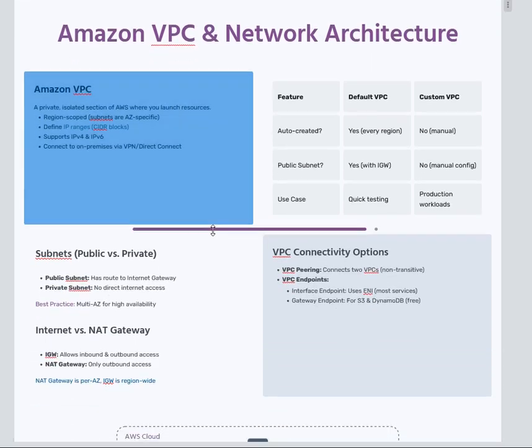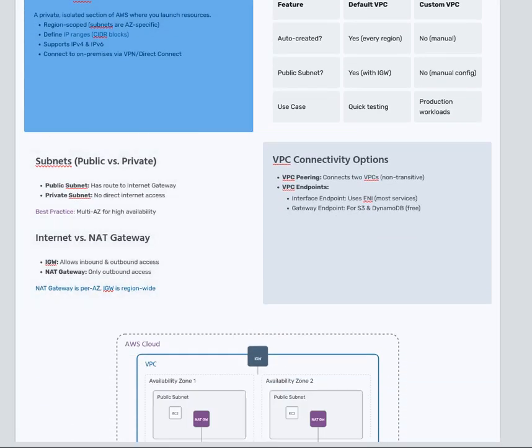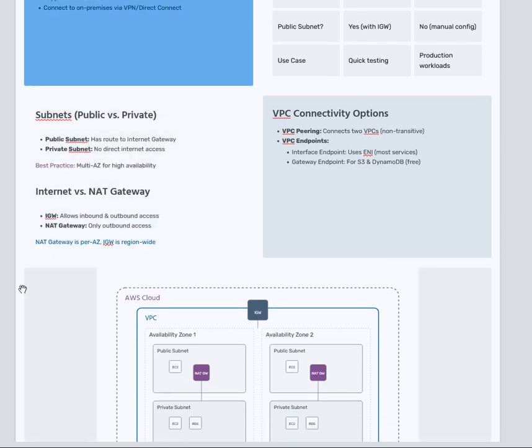And in a VPC, you have subnets, right? Two types of subnet you get in AWS VPC: public and private subnets. A public subnet has a route to the internet gateway, right?